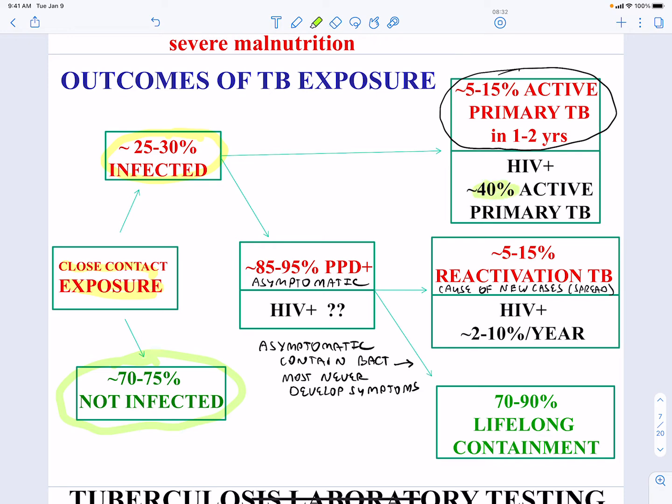So it's a very big difference from immune competent to immune compromised individuals. Most immune competents will not have active TB. For HIV positive, it's unclear how many of them are actually asymptomatic. Most asymptomatics will become lifelong containers, so they're not going to develop active TB. Some of those that became asymptomatic after primary exposure will reactivate, and these reactivated cases are usually the cause of new cases every year.